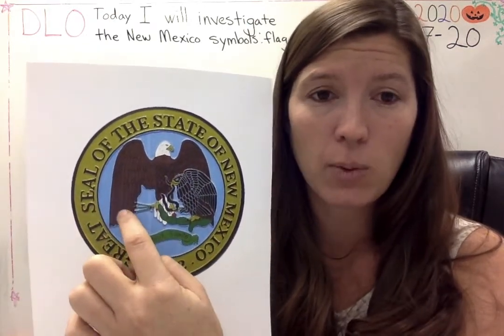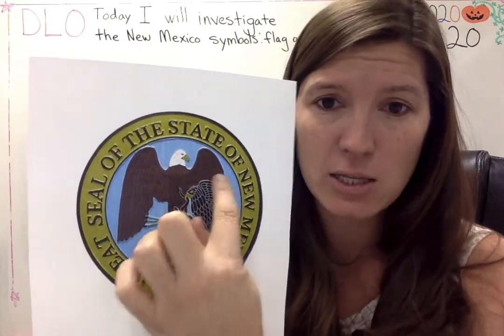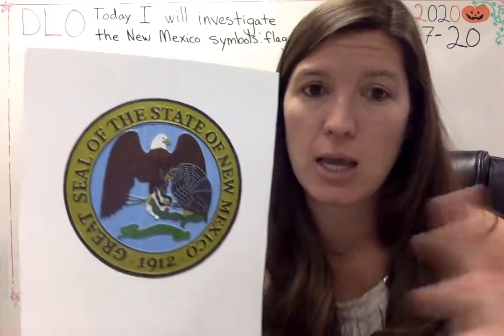And then when New Mexico used to be a part of Mexico, which is our neighbors to the south. So when the United States adopted New Mexico, here's our national bird. Do you remember what our national bird is? The bald eagle. And you can tell because it's got his dark brown feathers and his white bald head. So the bald eagle is encompassing New Mexico.